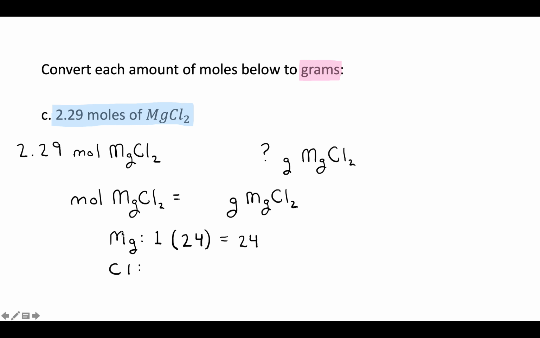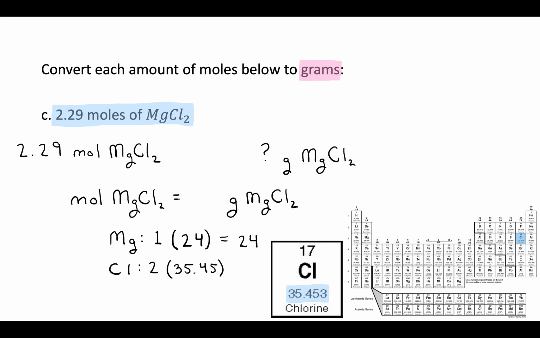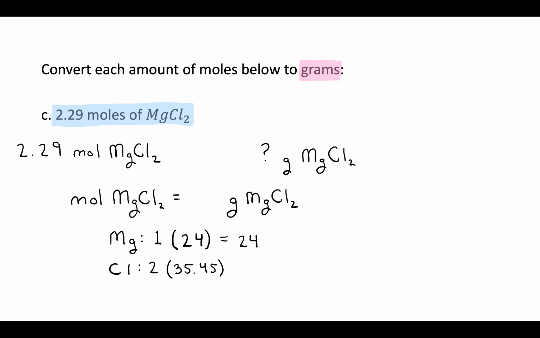In the compound, we have two, you can see it in the bottom, two chlorines. Each mole of chlorine will weigh, that number on the bottom in the box in the periodic table, 35.45 grams of chlorine. So I'll put 35.45. And since we have two of them, altogether that's 70.9. 2 times 35.45.